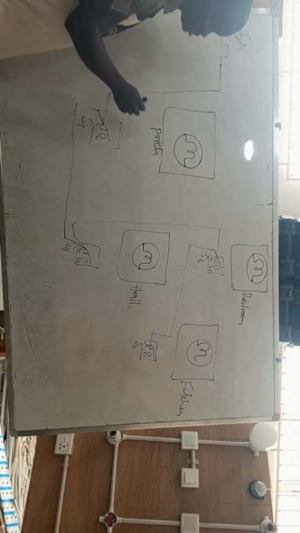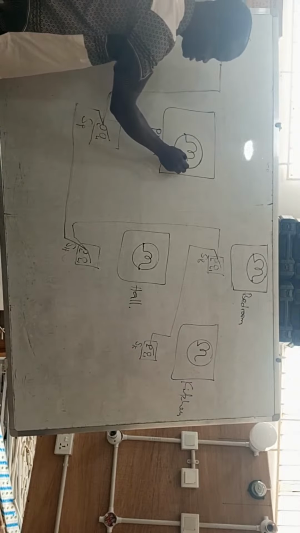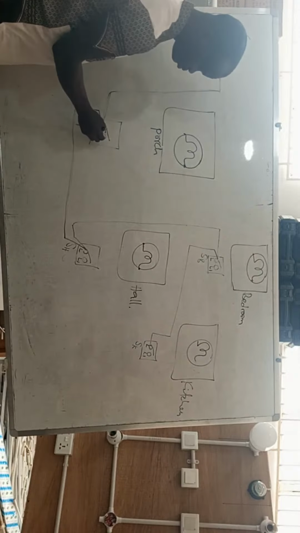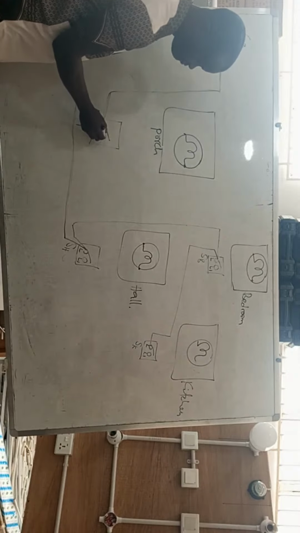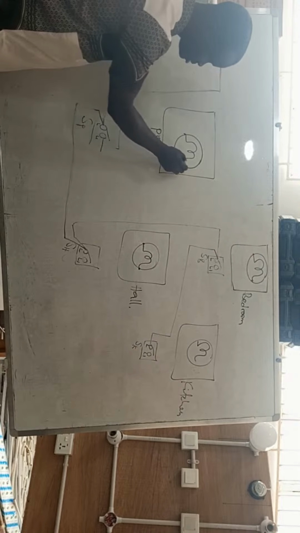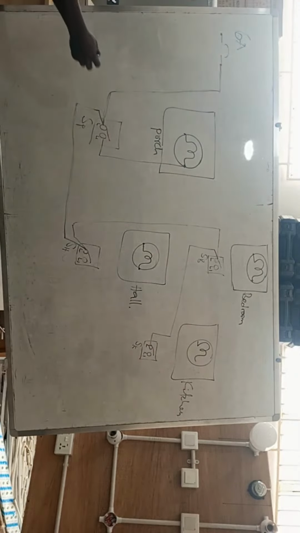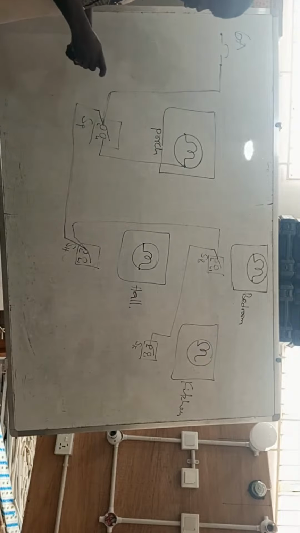So our first lamp in the porch, we will connect another wire from L1 to one terminal of the lamp holder.